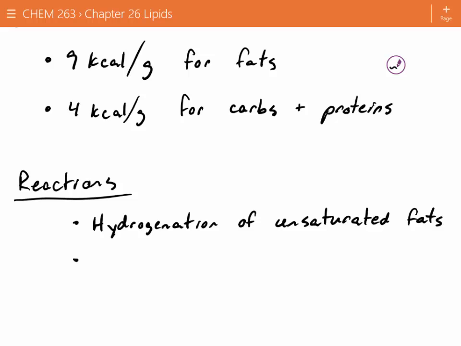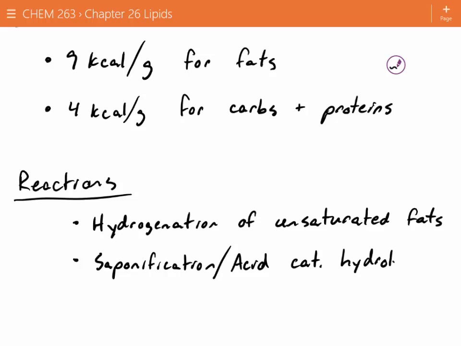The second one we saw was saponification. Or acid catalyzed hydrolysis. We just made it. So we can convert from our triglyceride back to either a carboxylate salt or back to our fatty acid. So that's just simple ester chemistry.